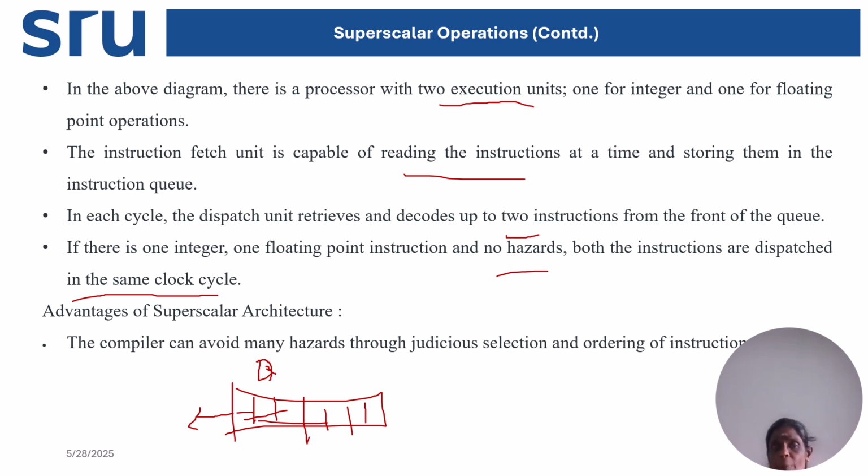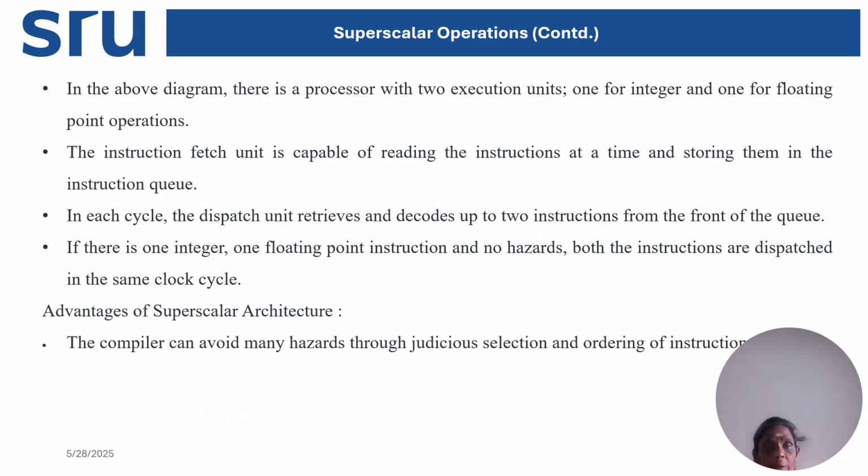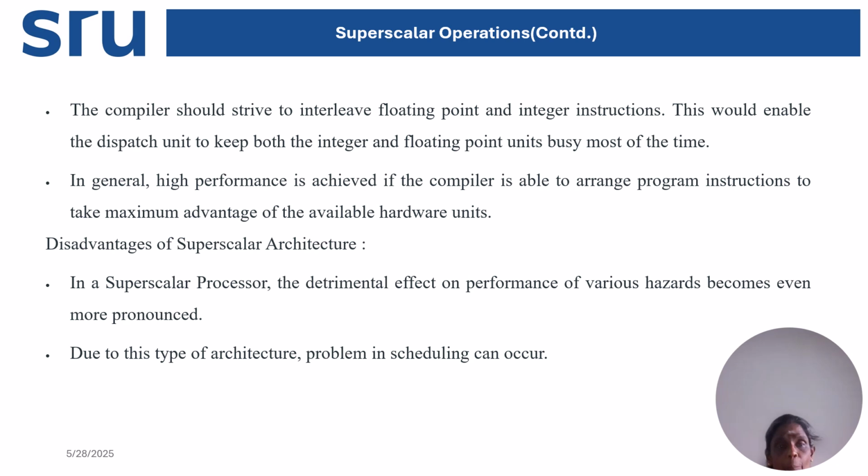Advantages of superscalar architecture. The compiler can avoid many hazards through judicious selection and ordering of the instructions. So the instructions are kept in order in the queue. In the above, the compiler should strive to interleave floating point and integer instructions.